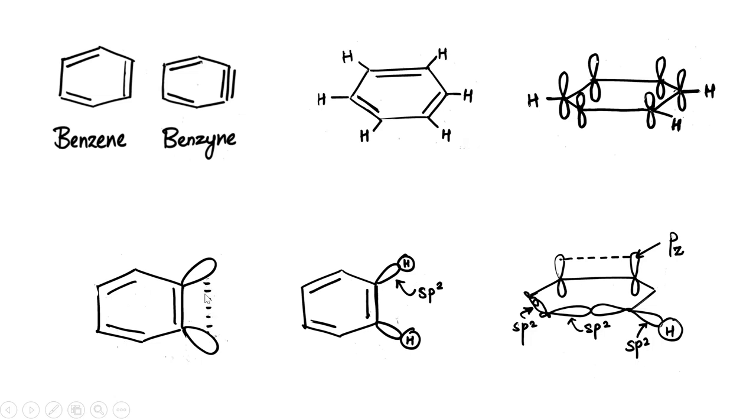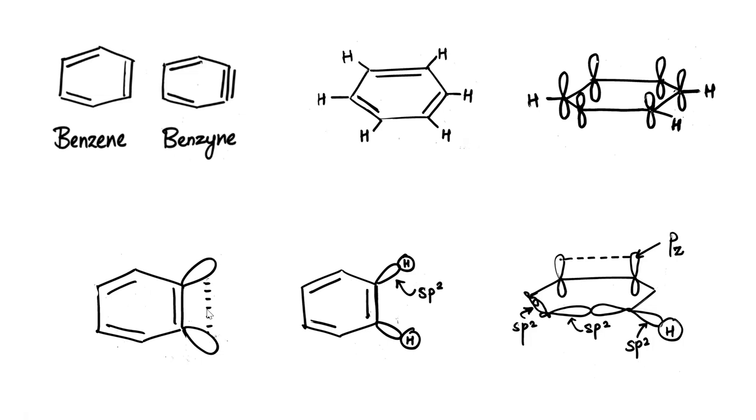So their interaction, means their overlapping, is not that effective as compared to the normal pi bond. Also, it is much weaker than a normal pi bond. As it is much weaker, it is more reactive. So benzyne is a highly reactive intermediate.